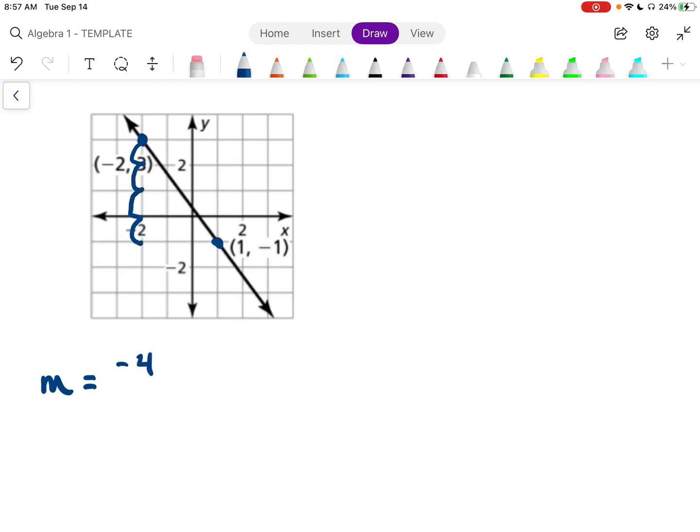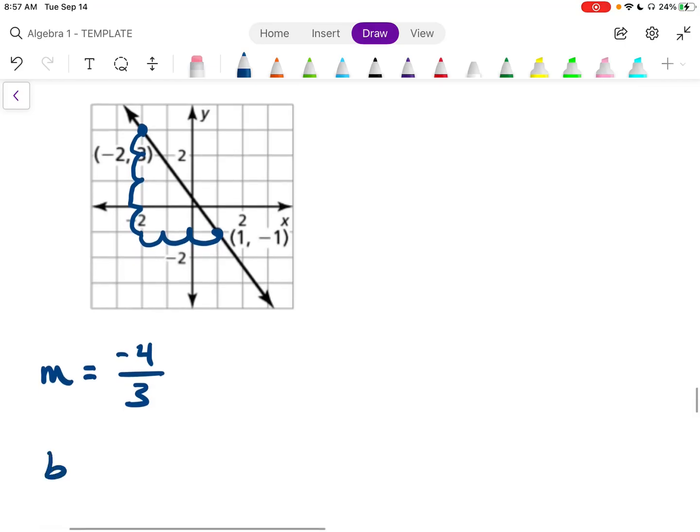So down 4 and over 1, 2, 3. Now for my y-intercept b, we're just going to have to guesstimate there. It looks like it would happen right around, I don't know, 1/3 maybe. We'll say 1/3.